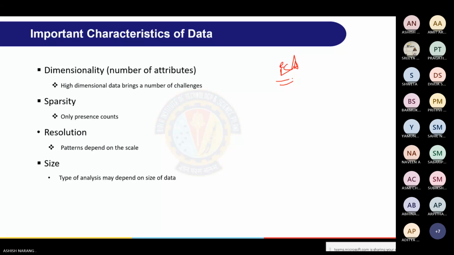Resolution. Pattern depends on the scale. So let's say I have attributes like this.